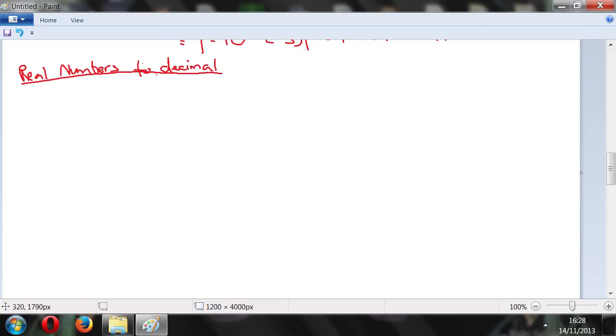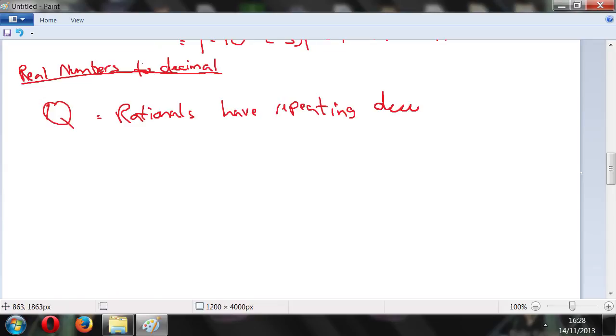So the important thing to remember here is that when we're dealing with rational numbers, these are rationals with repeating decimals. And irrationals do not have repeating decimals.